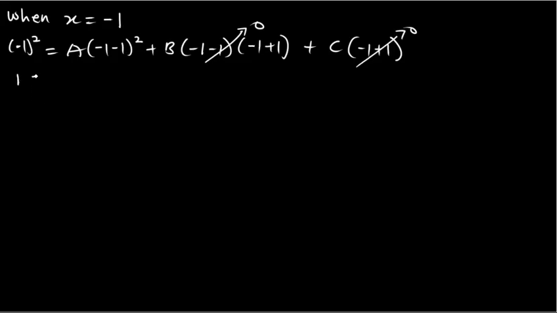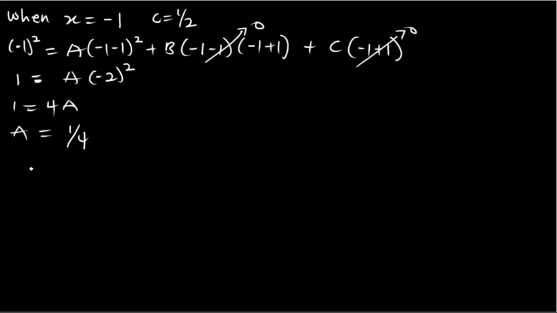And I'm getting 1 is equal to A times negative 2 squared. Negative 2 squared is going to give me 4, so 1 is 4A. And my A is going to be 1 on 4. Already I have C to be 1 on 2, and I've gotten A to be 1 on 4.